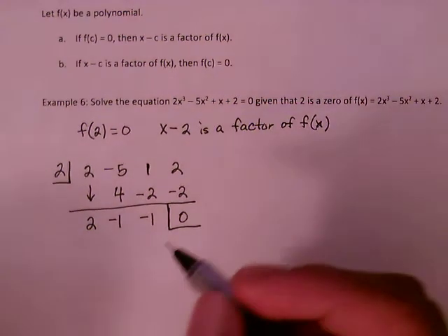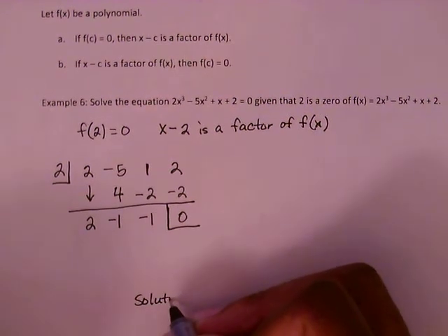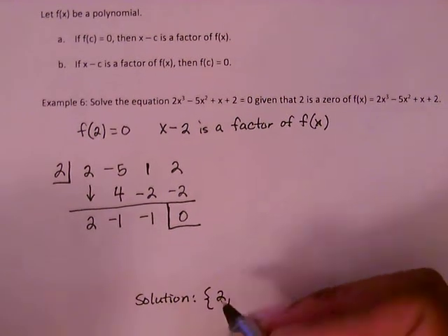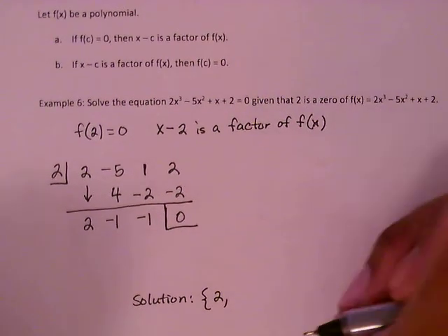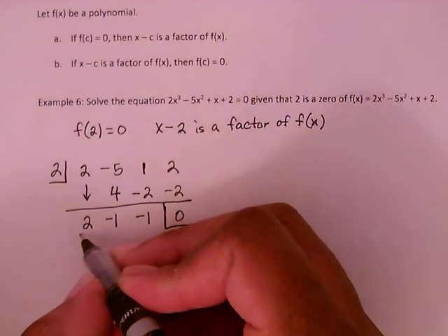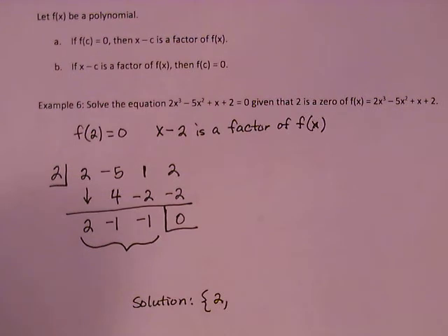So I know one of my solutions is 2, because 2 is a 0 of that function. To find out what the other zeros are, I have to look at this quotient right here and set that equal to 0. That 2, negative 1, negative 1.